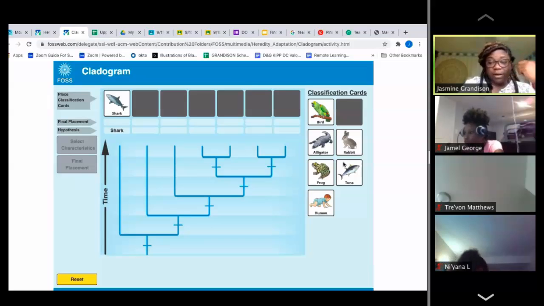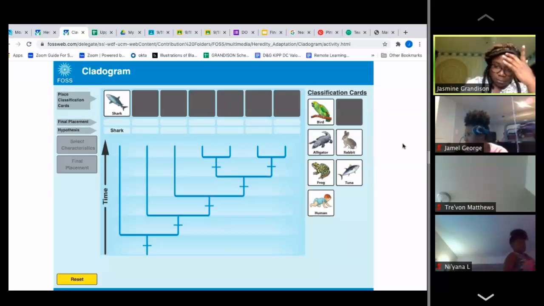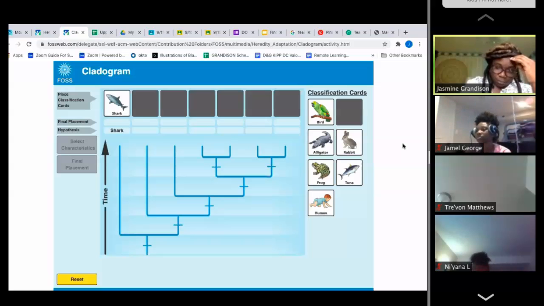They all have vertebrae, right? So let's look at our characteristics again. What is the next organism we could put in our cladogram? Good. Why did you say that organism? Good.